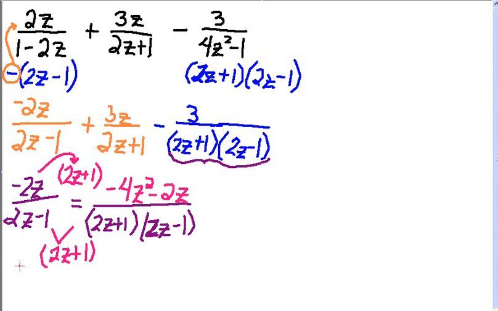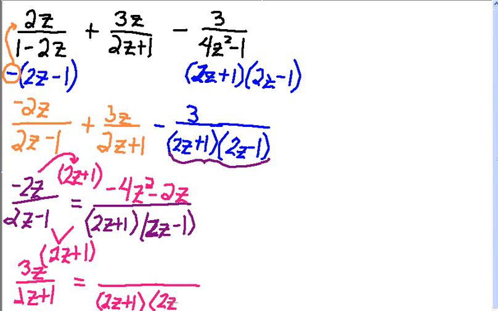The second term becomes 3z over 2z plus 1. I need to get it in terms of my common denominator, which is 2z plus 1 times 2z minus 1. Obviously, in this case, my denominator is missing the 2z minus 1 part.